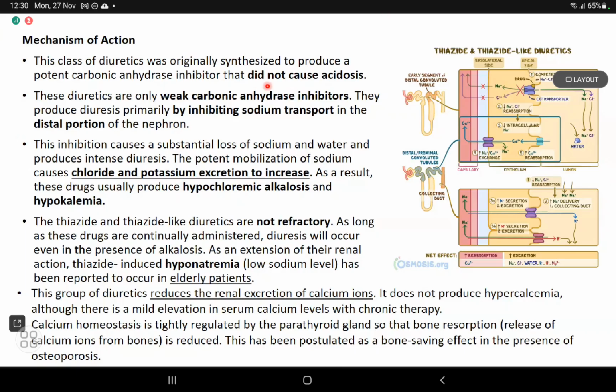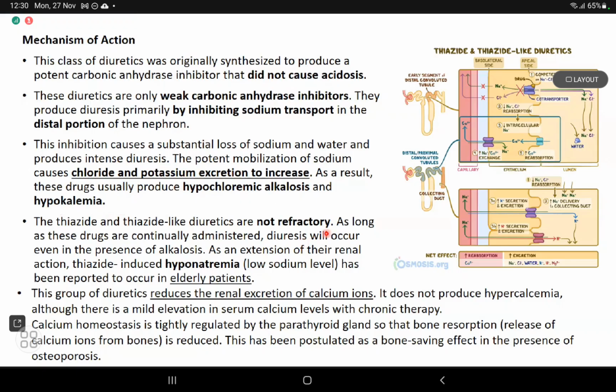The first important point is it does not cause acidosis because they are weak carbonic anhydrase inhibitors. Second one, the main mechanism is inhibiting sodium transport, and then enhancing chloride and potassium excretion. Because of enhanced chloride and potassium excretion, it may cause hypochloremic alkalosis and hypokalemia as well, because you excrete these two components out from your body, isn't it?